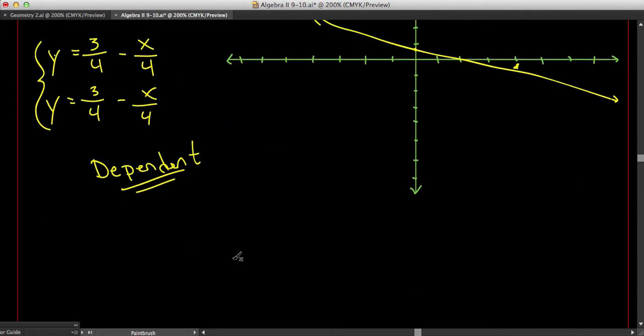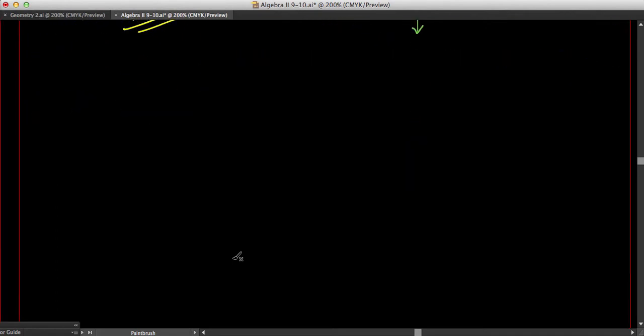Now, we've only looked at really graphing to figure out the solutions to these systems of equations, but there are other ways. And one of those ways, people refer to it many times as solving it algebraically.